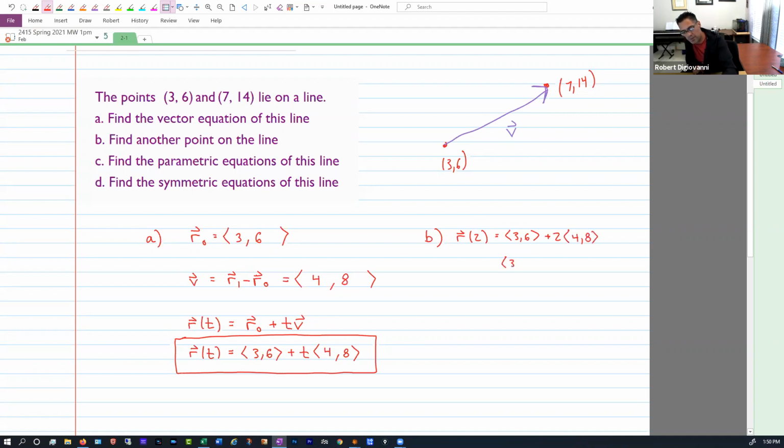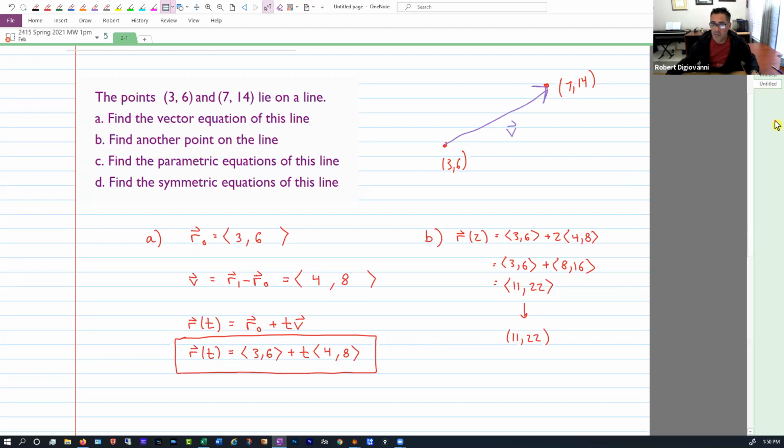So this is 3, 6 plus 8, 16, which is 11, 22. That's a vector, but it gives us the point 11, 22. So the point 11, 22 should be on the line, right?